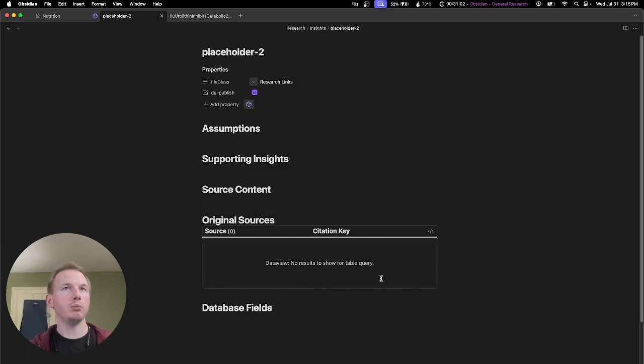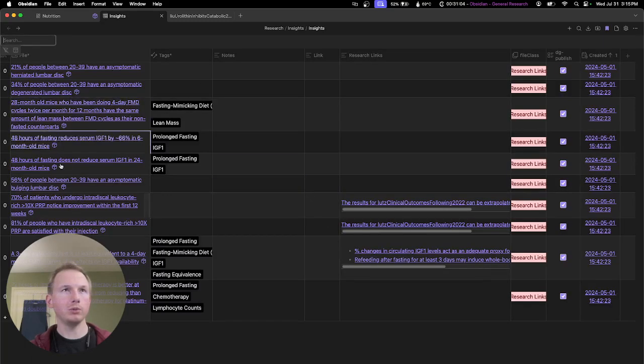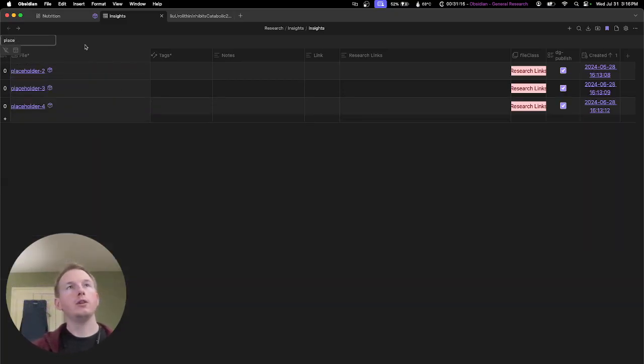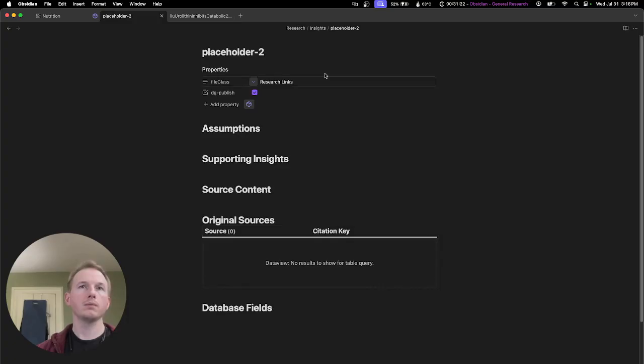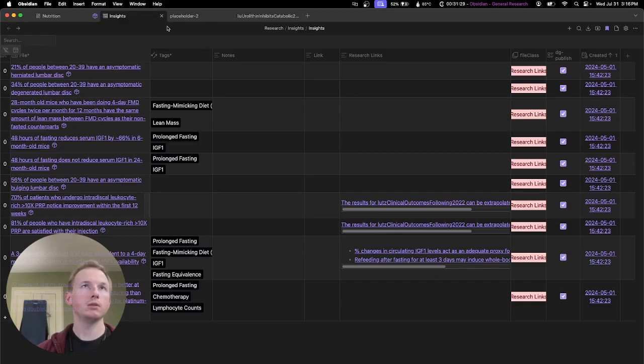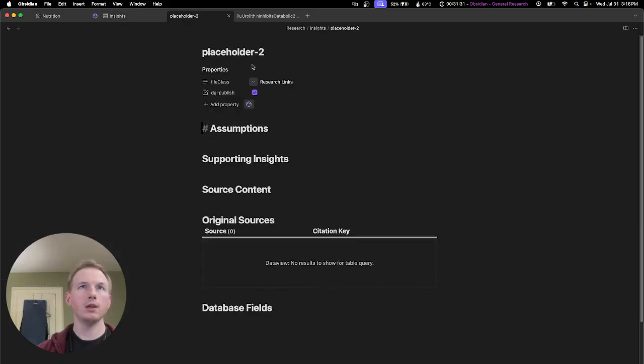There's a problem which makes me create placeholder notes en masse while I'm working through stuff. I'll remember exactly what that issue was, but anyway, what I usually do is create a bunch of placeholder notes and then come back and click into them and edit them. So might as well keep that off to the side.